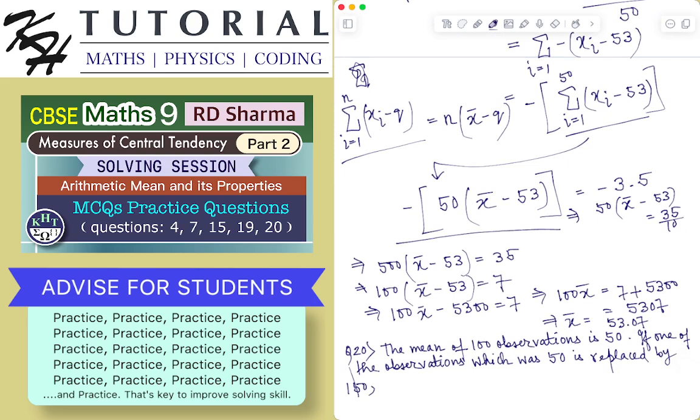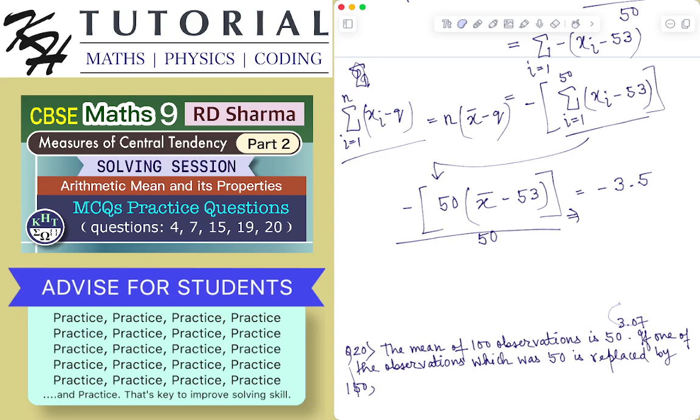Over here I forgot that there will be a by 50. So this is the equation we are having.